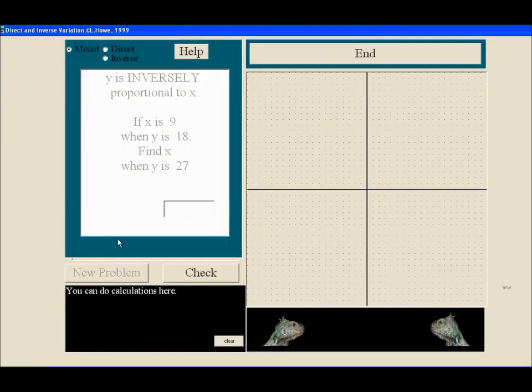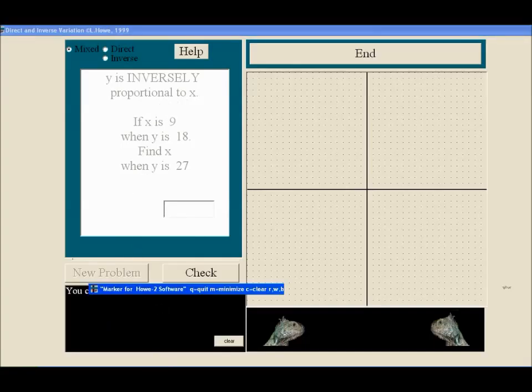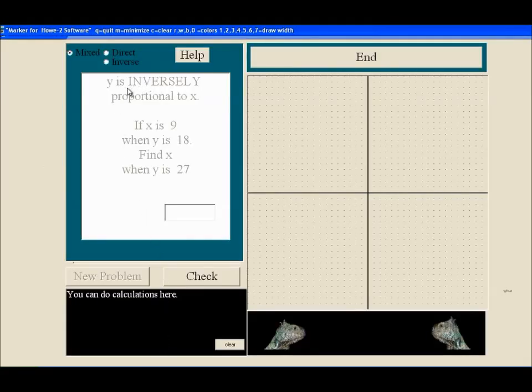Now, this is saying that y is inversely proportional to x. So if we take my student's hint, that would be saying it's inverse, so we're going to take x in the first experiment times y in the first experiment equals x in the second experiment times y in the second experiment, and the constant of proportionality would be those products.